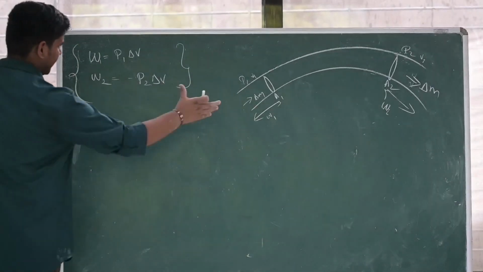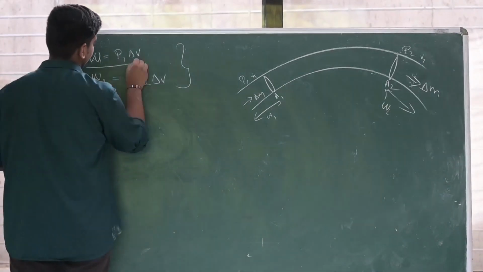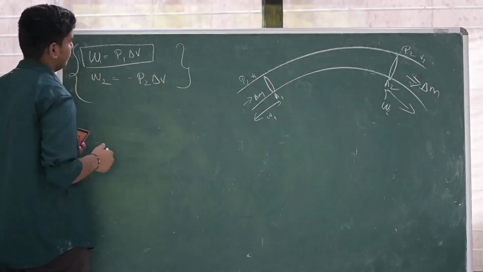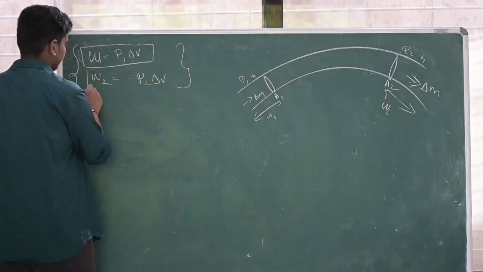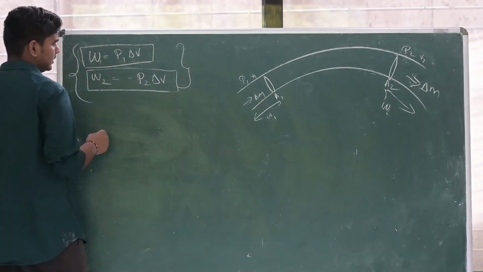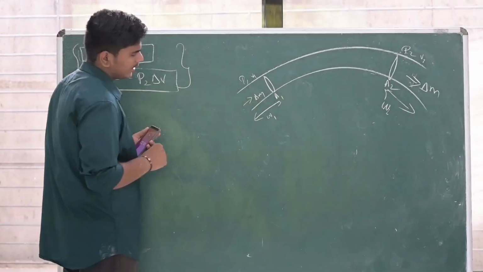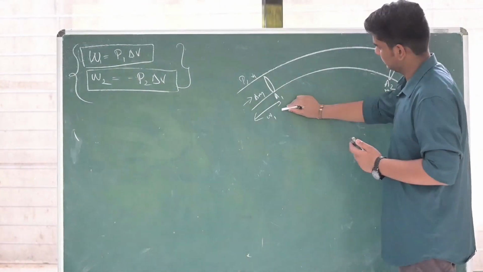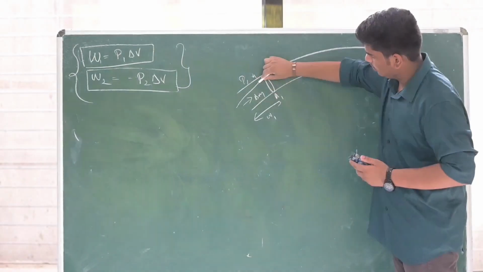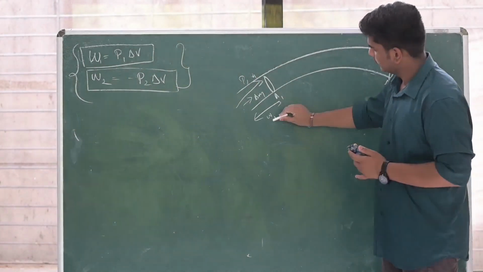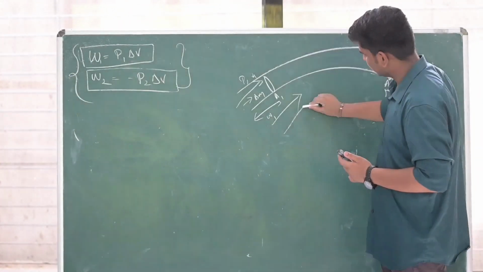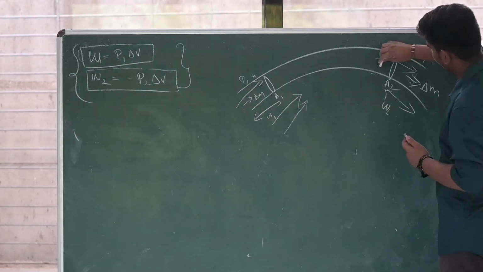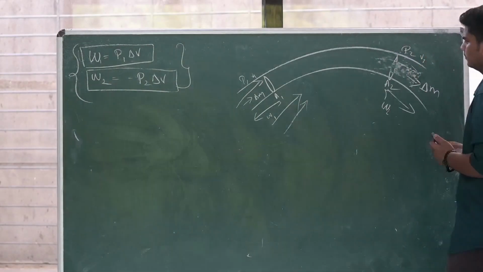Now, let us keep that diagram aside and look at what we have derived. W1 is equal to P1 into delta V, where delta V is volume and P1 is pressure. Now, work done W2 is equal to negative P2 into delta V. Now, why negative? Let us look at this case. Fluid is entering, so there is a right side force and right side direction. But here, while fluid is moving from this point to this point, what will happen?